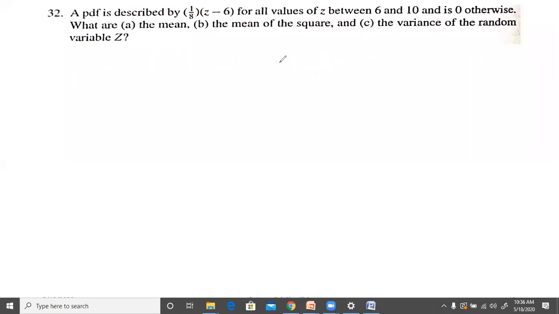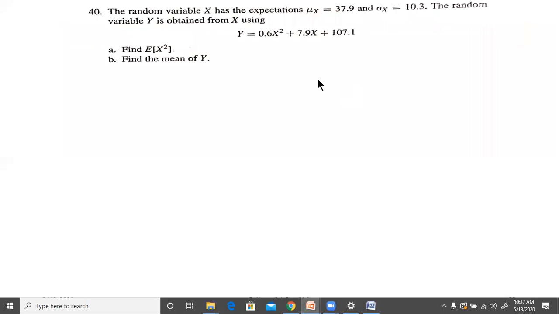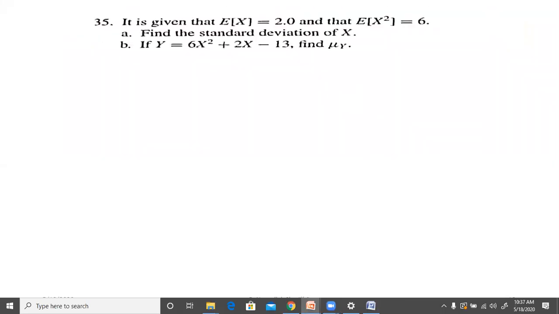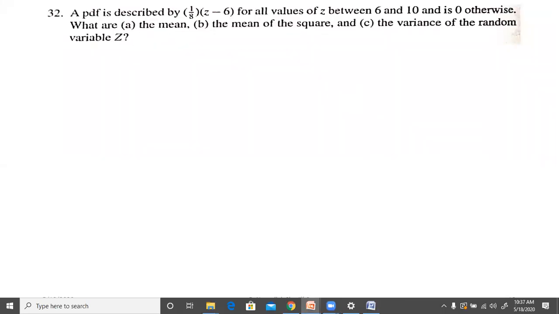I think I should remove the annotation. Sometimes it creates problems. Okay, so we are trying to find this over here.